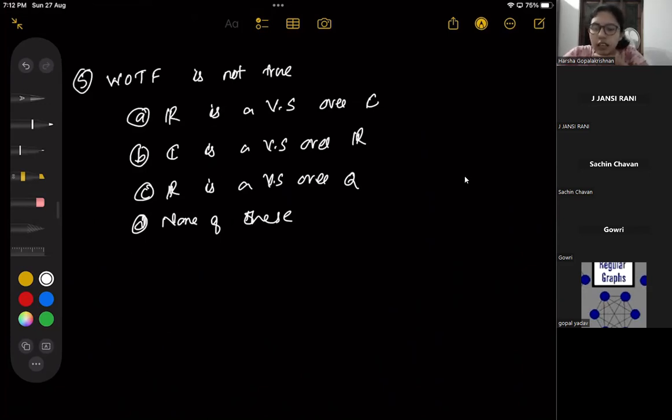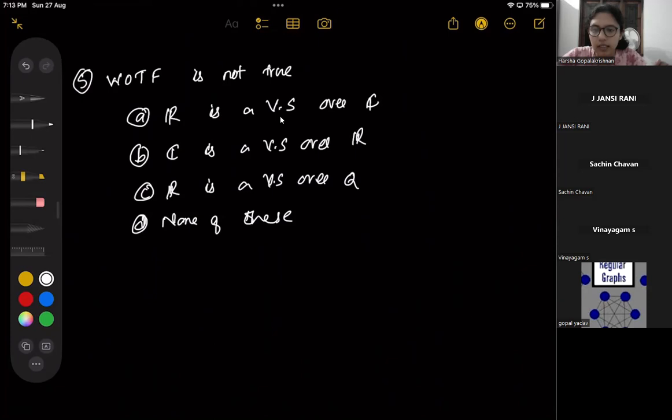Can you give the explanation for that why A is wrong? Because R complex number is not the subfield of real number. Okay, so vector space means it should satisfy the given condition. That is correct. I just want the proper explanation. Which condition is not satisfied?